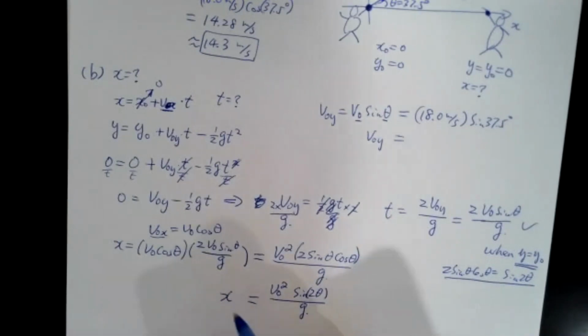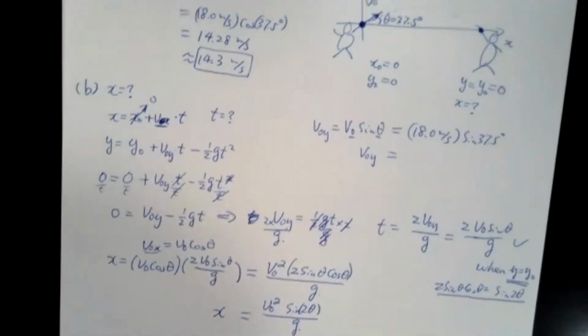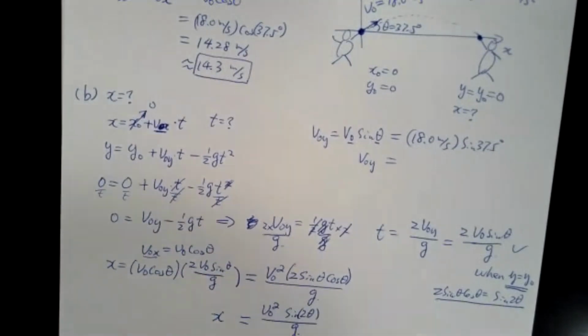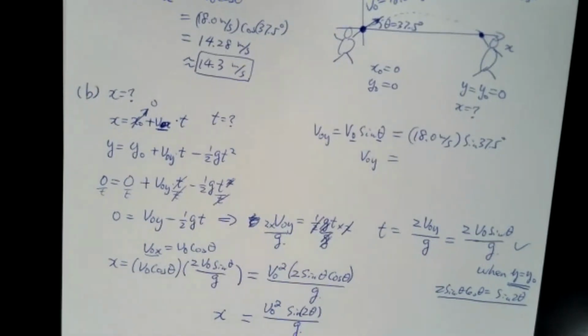This is your x, the x position when the ball is caught at the same level as its initial level. Usually we call this the range of the projectile motion, because that's how far it has flown in the air. So that's r.